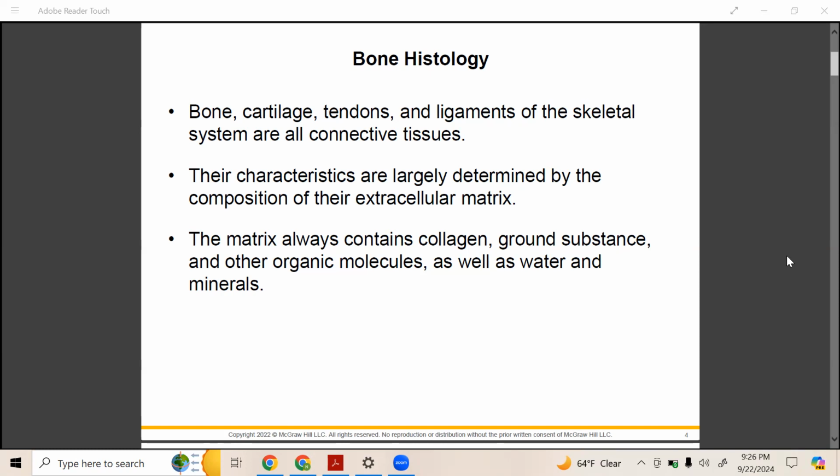So collagen is almost always going to be there as our main protein. We have ground substance, which is our other substances that are not proteins. And then there's other organic molecules. There's inorganic molecules such as water. And then there's also a lot of different minerals there as well.